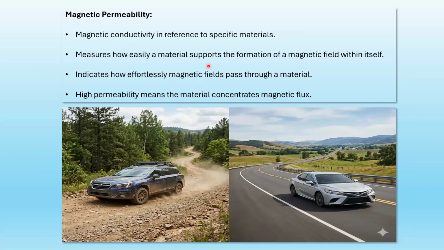So how easily it passes through. Certain materials can pass the magnetic field through, but not react. The key idea is how those specific materials support the formation of magnetic field within that material. Magnetic permeability indicates how effortlessly a magnetic field passes through a material. That also comes with something called shielding. Faraday's cage comes to mind.